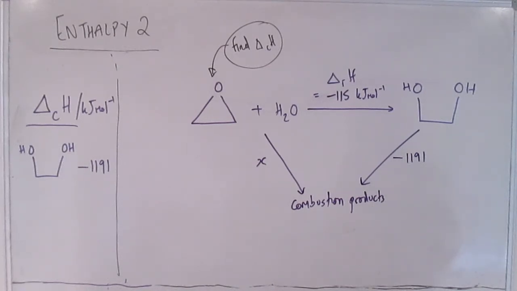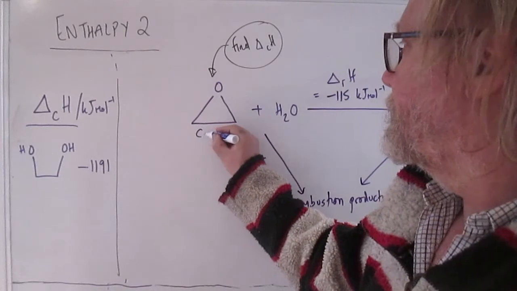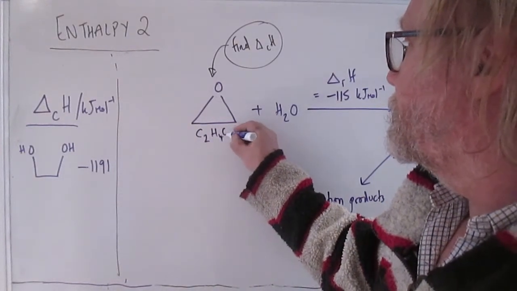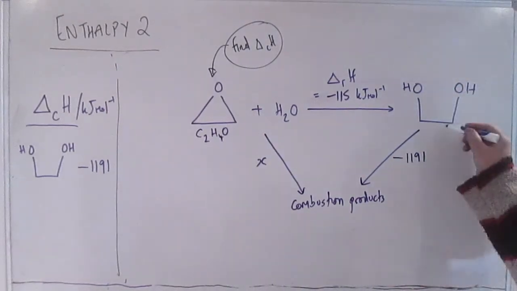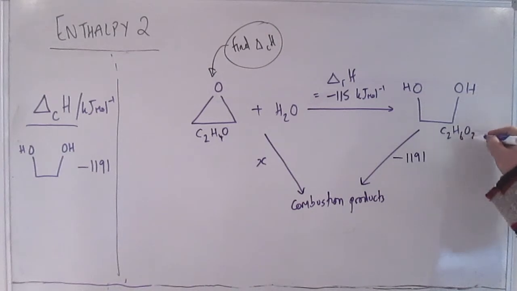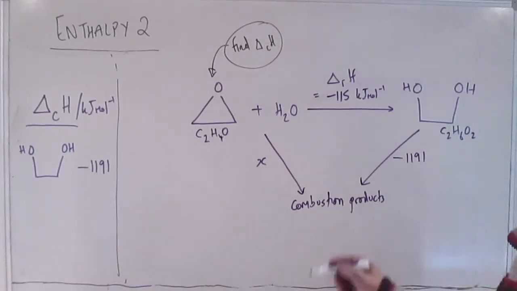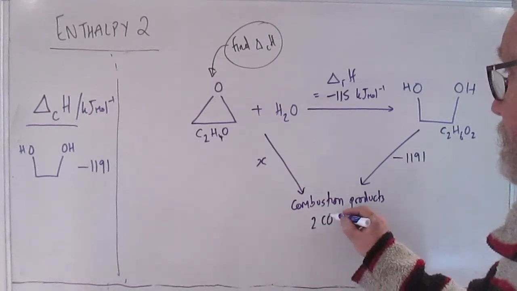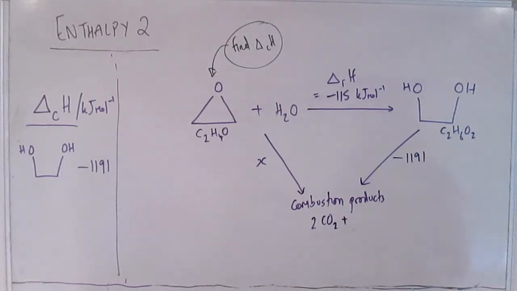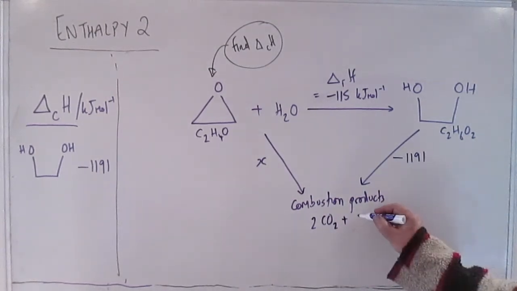If you feel slightly uncomfortable about that, you can see that if we wrote this explicitly as C2H4O, and this is C2H6O2, then the products of combustion, we've got 2 carbons, so would be 2 CO2s, and we've got 6 hydrogens, so that's 3 H2O.